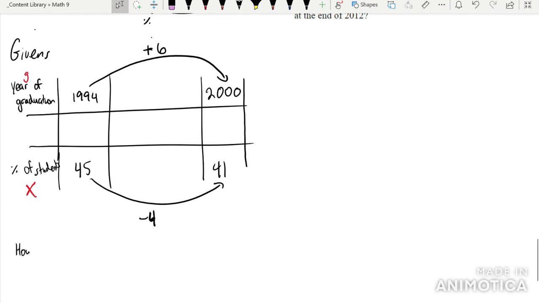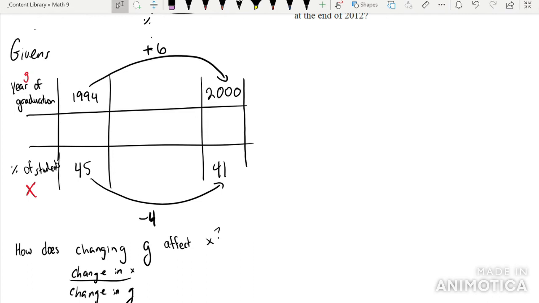So how does changing G affect X? How I can do that is I'm going to look at change in X over change in G. And this is going to give me 41 minus 45 over 2000 minus 1994.